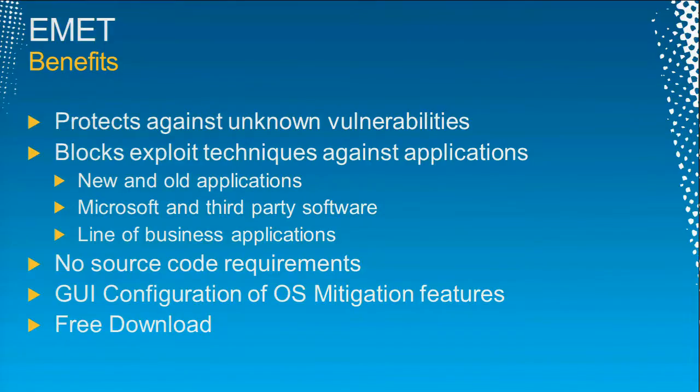It blocks new and old apps, Microsoft and third party, or it blocks the techniques against them. It doesn't block the apps. As line of business apps, you don't have to have source code. It didn't have to be compiled with the correct Visual Studio flag. You don't have to have all that. You simply point at the exe, and Emmet will enforce these mitigations upon the exe.